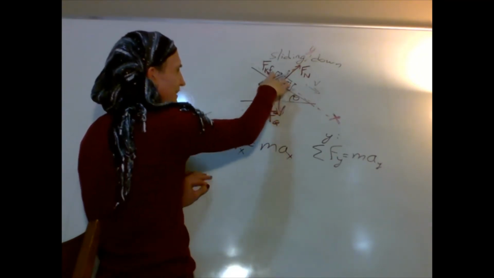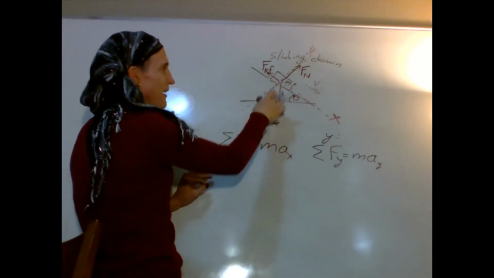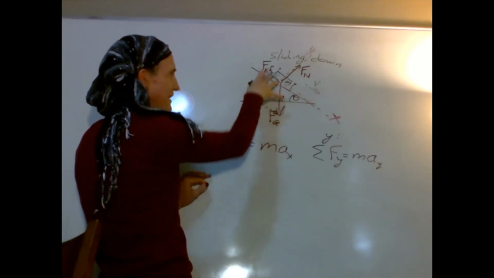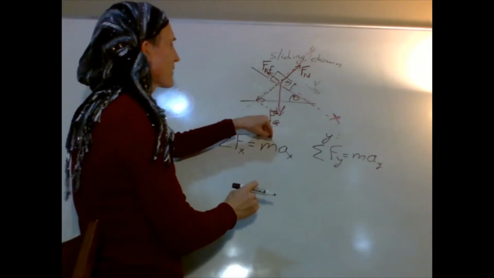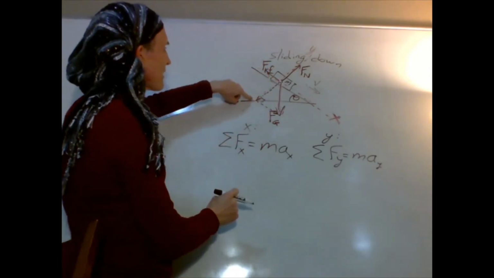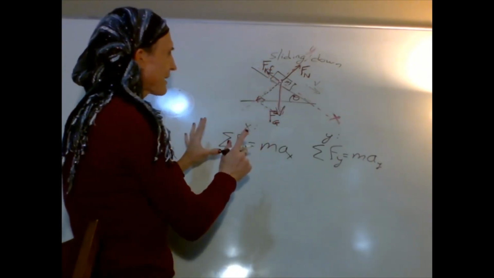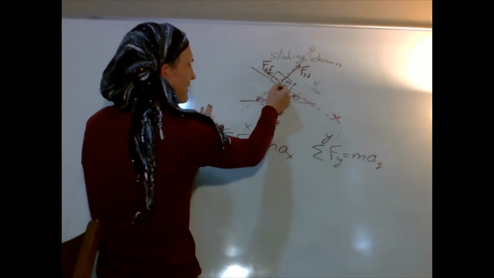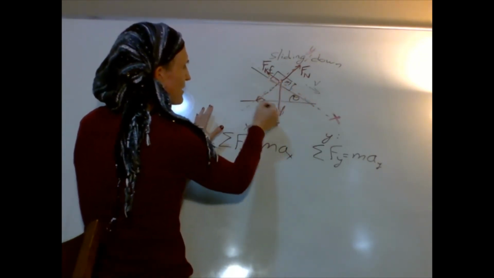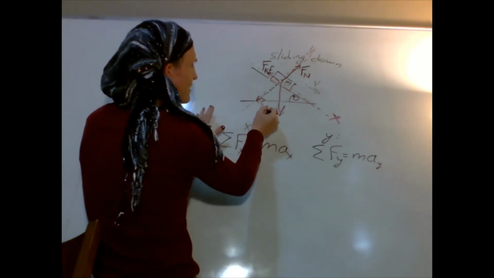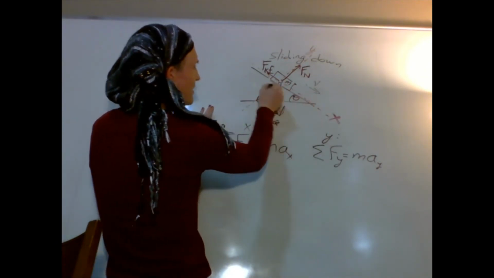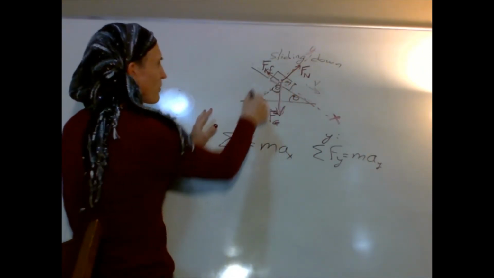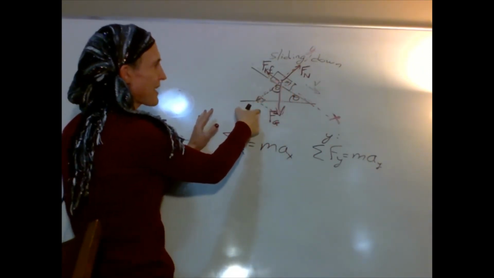So my actual gravitational force vector, the weight of the object, is straight down, but then I have a component here, and this triangle is similar to this triangle. So the small angle here is equal to the small angle here. And therefore, the opposite side, that's the sine.